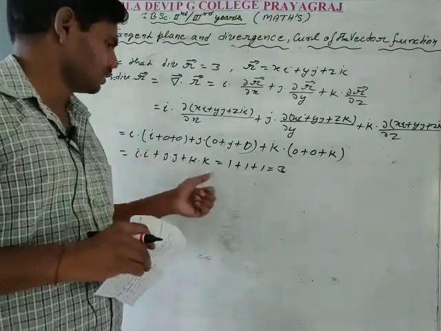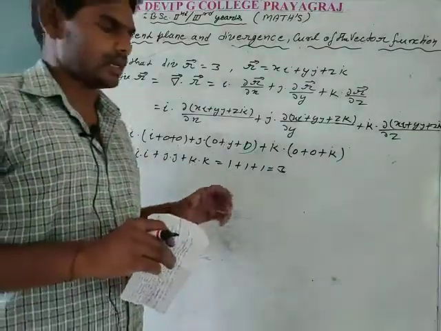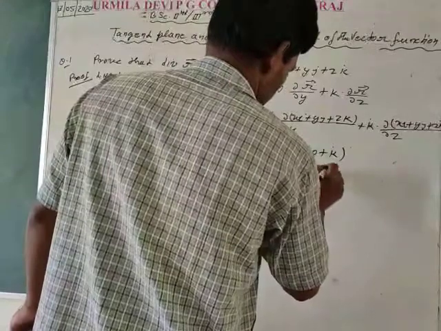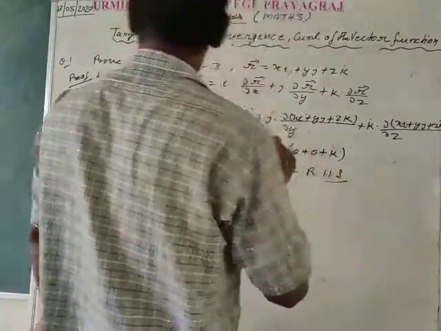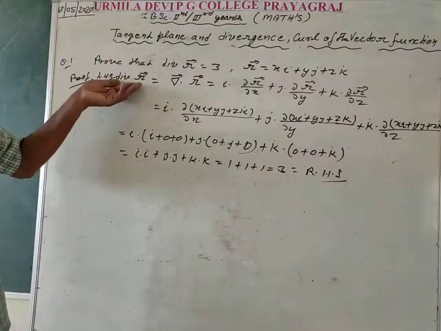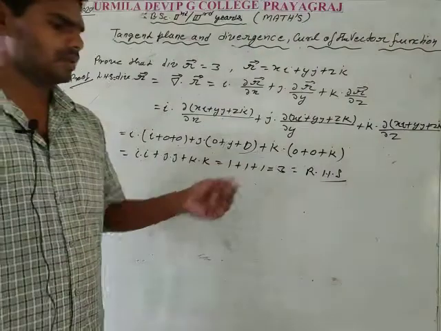So i dot i is 1, j dot j is 1, and k dot k is 1. So LHS equals RHS and the question is solved. The divergence of the position vector r is equal to 3.